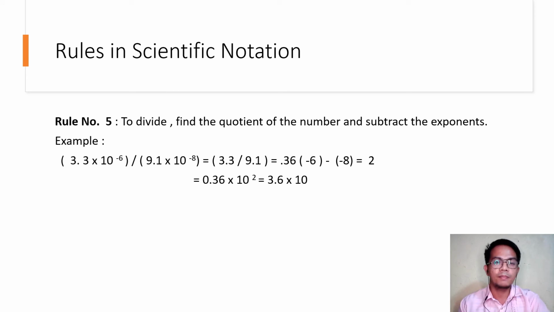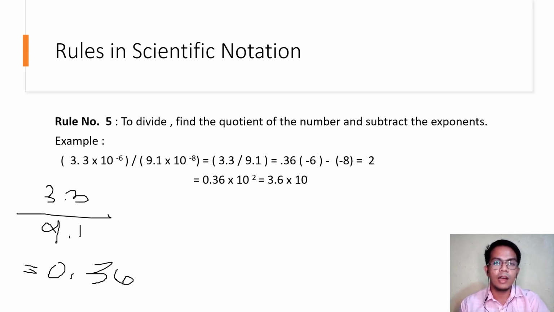To divide, find the quotient of the numbers and subtract the exponents. For example, we have 3.3 times 10 raised to negative 6 divided by 9.1 times 10 raised to negative 8. The first step is we need to divide 3.3 by 9.1, which is equal to 0.36.